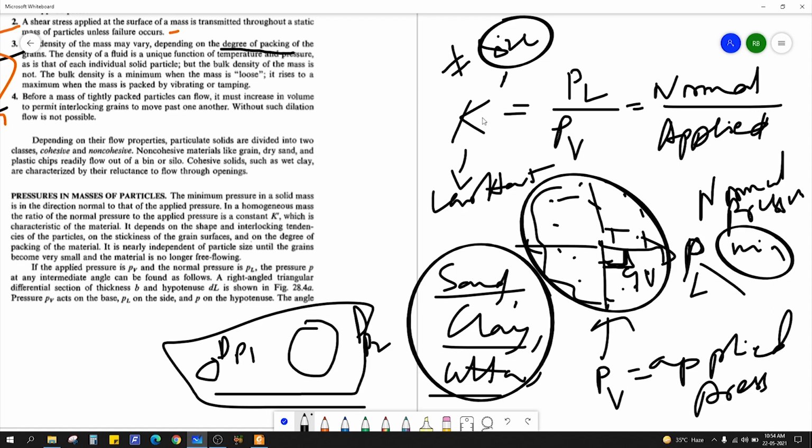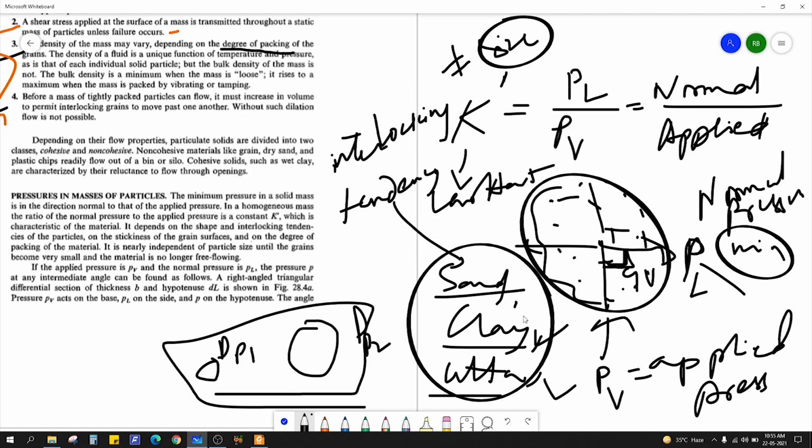Fine. K dash basically depends upon the interlocking tendency of the solid particles. As you can see, the interlocking tendency of atta will be higher, and for clay will be higher, and the interlocking tendency of the sand will be less.